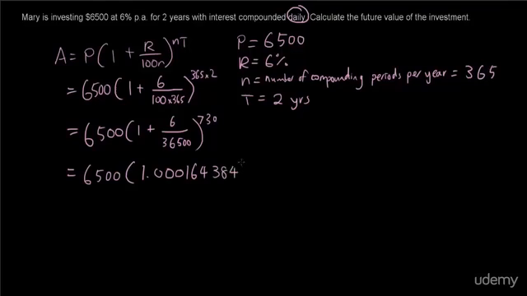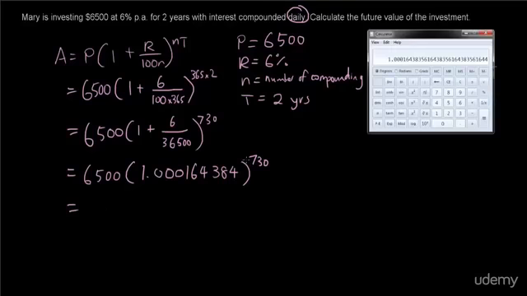And then to the power of 730. Now notice how I try not to round this number, so put in as many decimal places as you can. So then you have 6,500 times 1.000164384 to the power of 730.